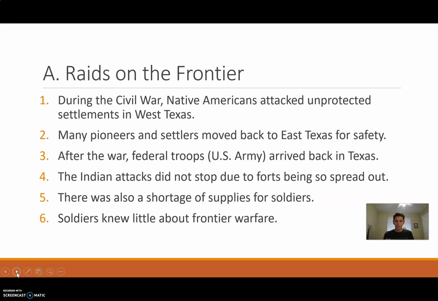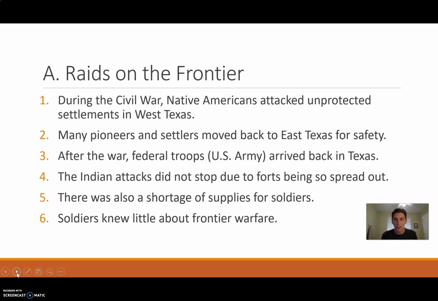You have to understand, a lot of these troops had fought in the Civil War on battle lines. They knew where the enemy was located. They had intelligence that they were able to spy out and see where the enemy forces were located. But here, the Indians used guerrilla warfare. They would attack at night whenever settlers and troops least expected it.